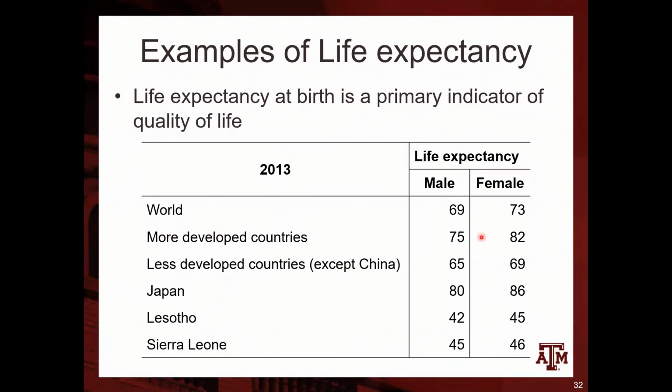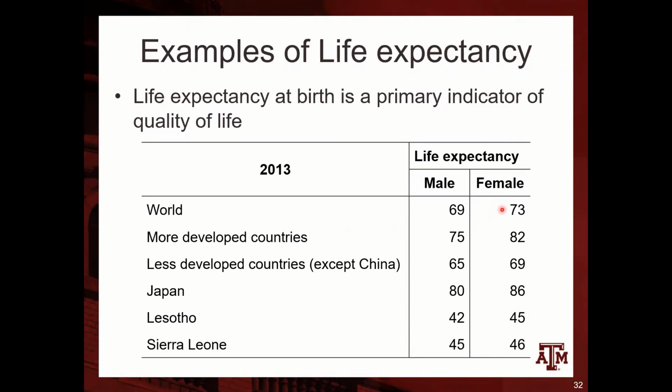And these are some examples for different parts of the world to show how these rates vary a lot. They vary not only across different regions in the world, different countries, but also by sex. As we have been talking throughout the semester, mortality is lower among women than among men.